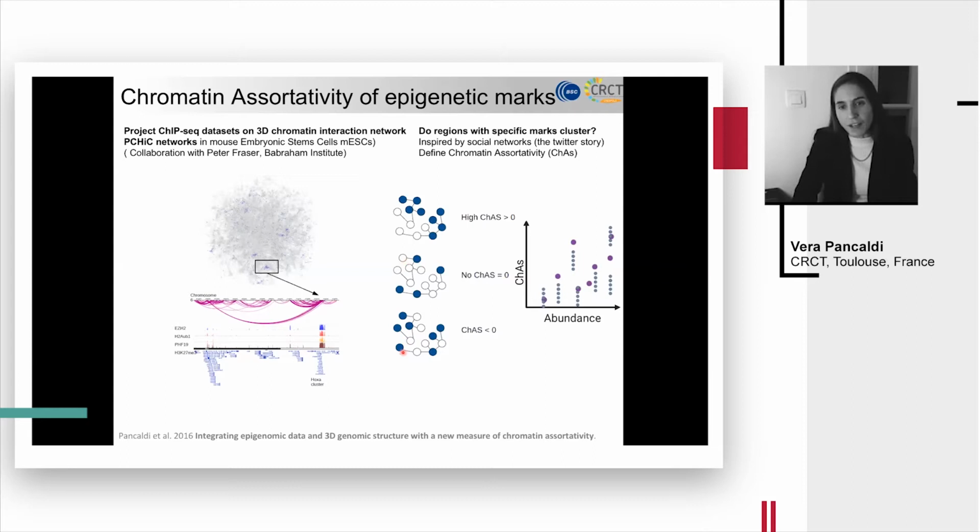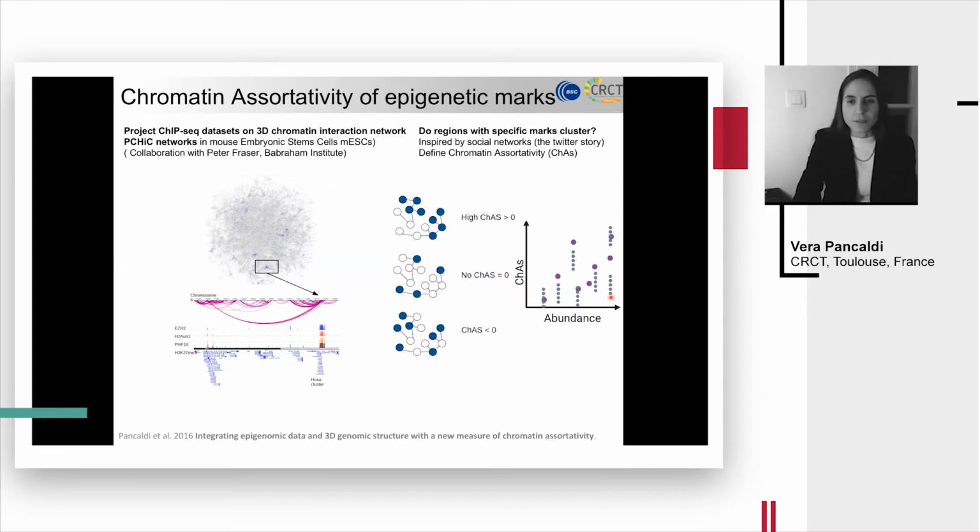And of course, you can also have negative assortativity, which would mean that basically a blue node always interacts with a white node. So what I have been starting to do is studying this CHAS, which is abbreviation for chromatin assortativity, in these plots that basically show us what is the assortativity we observe on a specific data set, on a specific network, and what is the random expectation for this assortativity that we expect based on randomizations that we can perform on the data.